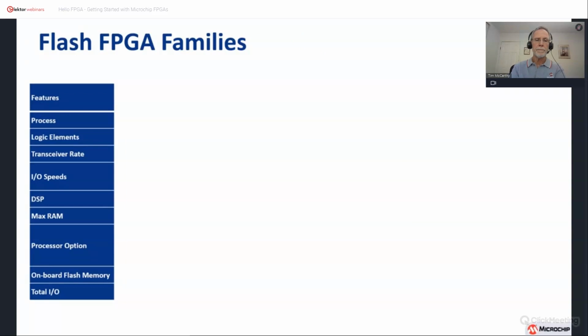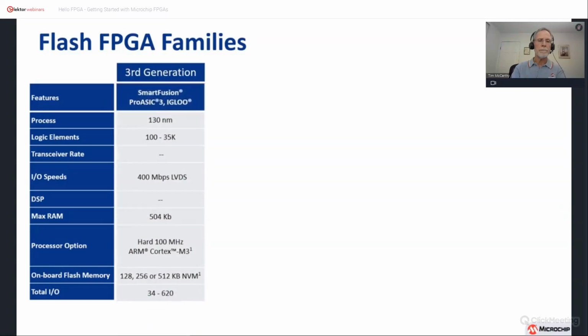Here's a summary of the features of the 3rd, 4th, and 5th generation Flash FPGA families. ProASIC 3 and Igloo FPGAs are CPLD replacements fabricated at 130 nanometers. These families have between 100 logic elements and 35,000 logic elements, and up to 620 IOs capable of 400 megabits per second for LVDS.